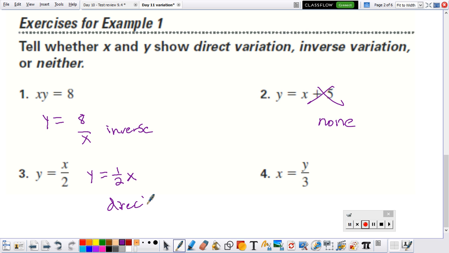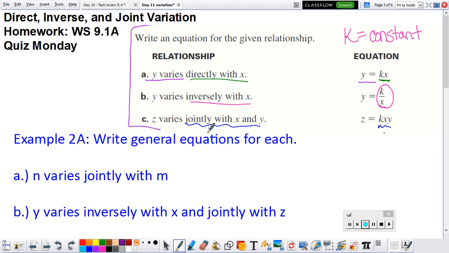All right. So, knowing we have these relationships, I want you to write some general equations. Let's go through these together. N varies jointly with m is going to be n equals k, because n varies, and then it's jointly with m, so times m.